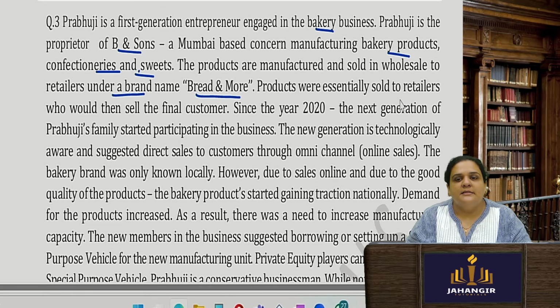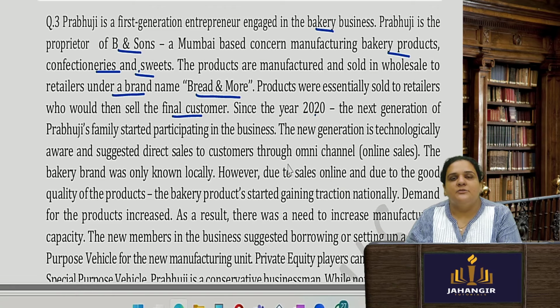Products are essentially sold to retailers who would sell them to the final customers. Since the year 2020, the next generation of Prabhuji's family started participating in the business. The new generation is technologically aware and suggested direct sales to the customers through online, omni-channels.